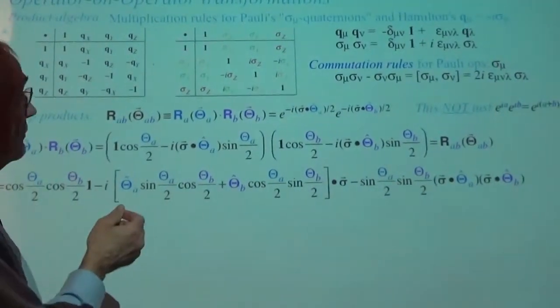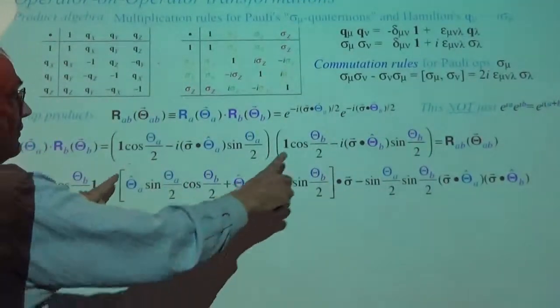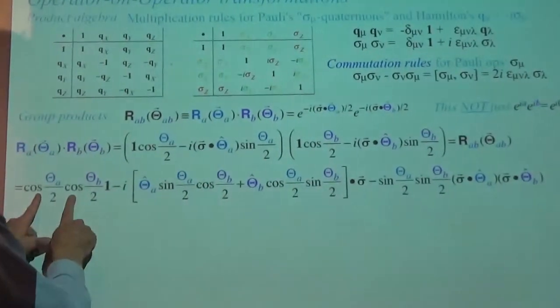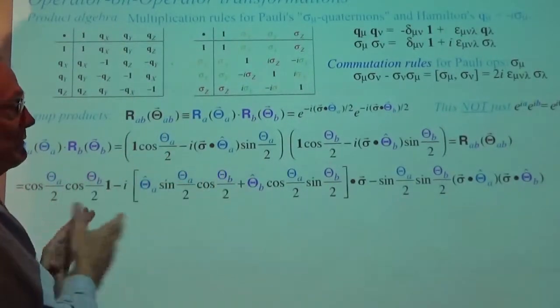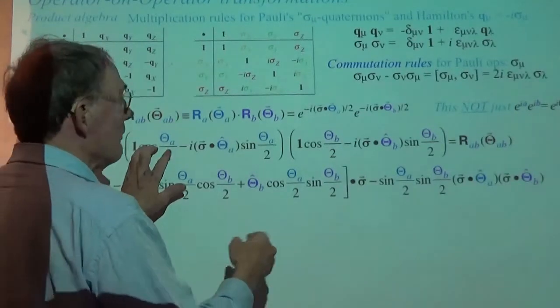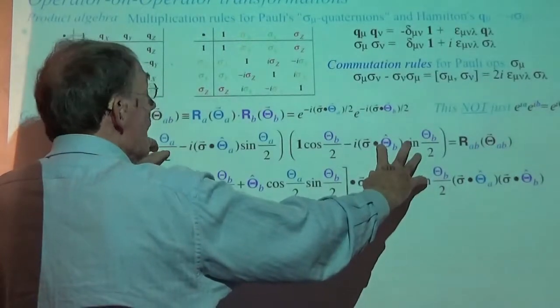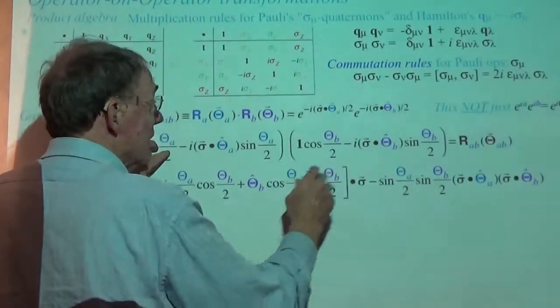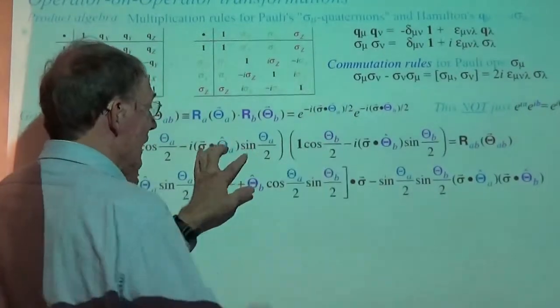But here's what you're going to do. You're going to take this times this. First is this times this, which is these two cosines. Good start. We've got all the other stuff involving sigmas. So I'm going to have this guy right here times that sigma, and that's actually this term right here. Then I'm going to have this sigma here times this guy.